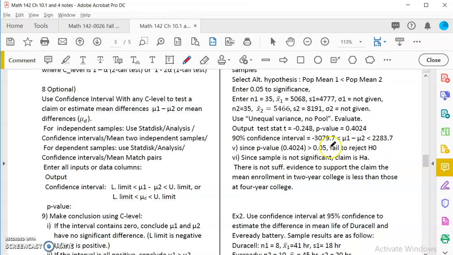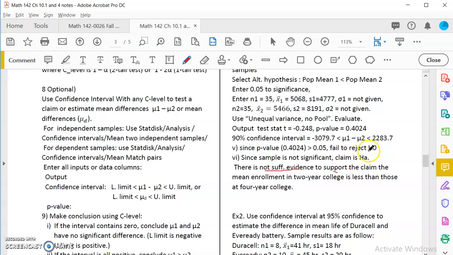Because the p-value is greater than 0.05, we fail to reject H0. H0 seems to predict this sample very well. So my sample is not significant, it's not surprising. So we use not sufficient evidence. Because the claim is in the alternative, HA, we claim that there is lower enrollment in the first one, but we say not sufficient evidence to support it.